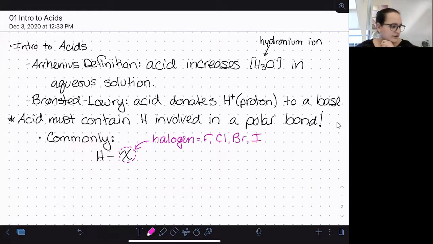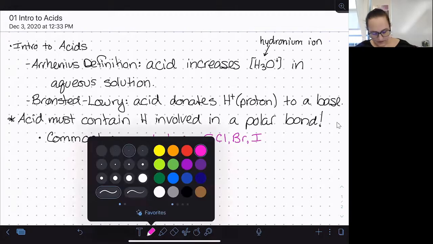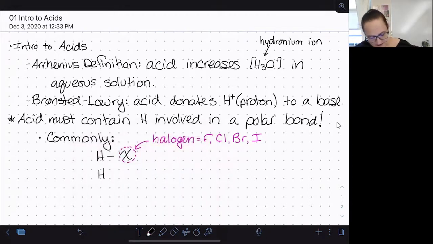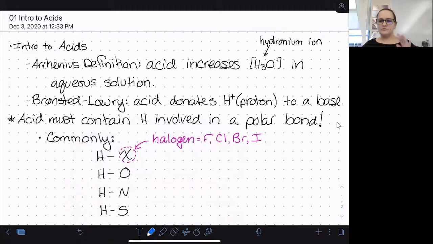You also commonly see acids containing hydrogen bonded to oxygen, as well as occasionally hydrogen bonded to nitrogen or hydrogen bonded to sulfur. We can subcategorize acids and bases as being strong or weak, and we'll talk a little more about that in a couple minutes.